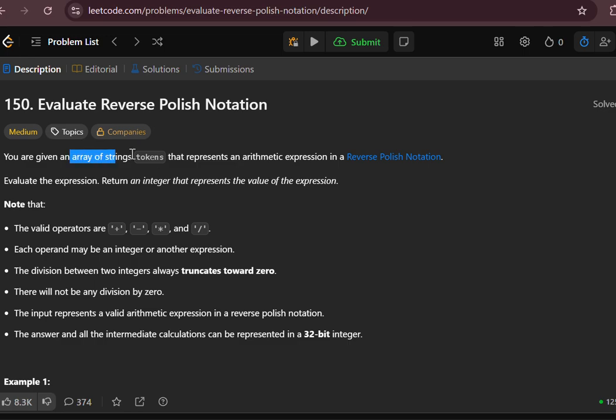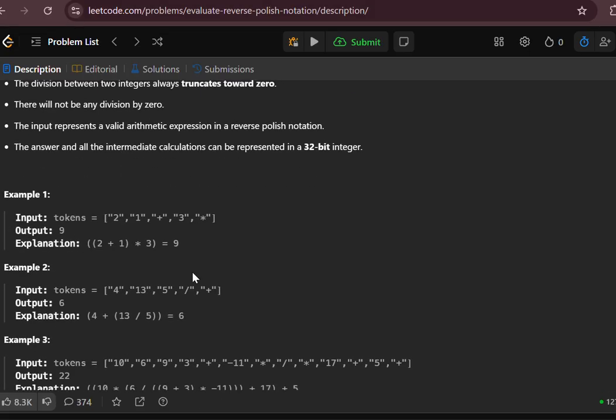We are given an array of string tokens that represents an arithmetic expression in reverse Polish notation. Basically, the string array contains an arithmetic operation in postfix form. Postfix means the operators come at the end, after the numeric values.